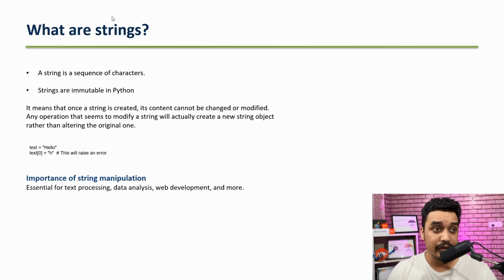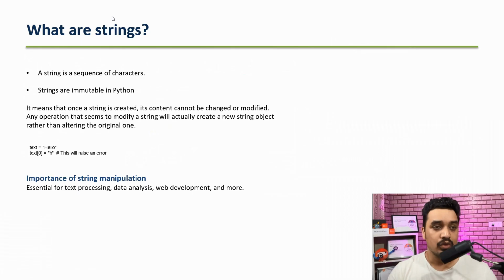By definition, it means that once the string is created, its content cannot be changed or modified. Any modification you do on the object actually creates a new string object rather than altering the existing one, right? So when you do advanced, complex operations on the string, this information is important for you. So please make sure you remember that strings are immutable in Python.